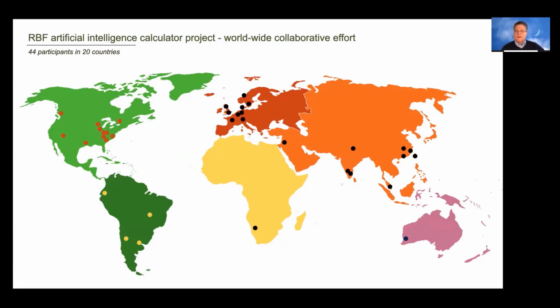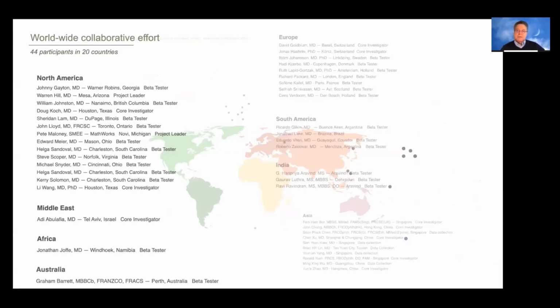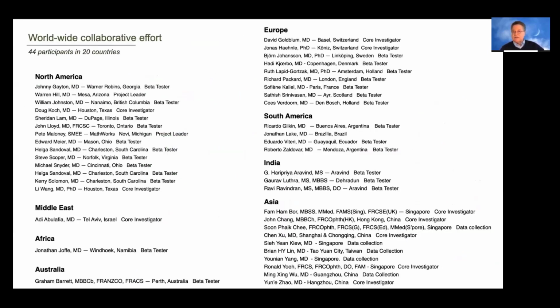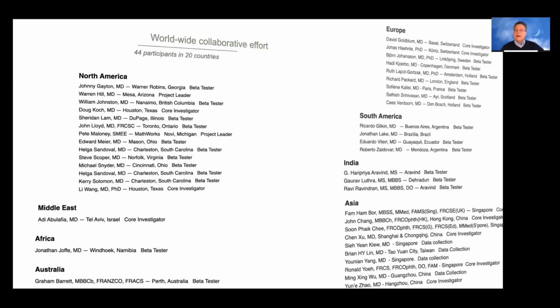And these are volunteers who very generously have donated their time and their cases. And many of these physicians represent some of the most accomplished cataract surgeons in the world, and certainly for their respective countries. So we're very grateful for their help and continued support. So how do we make a calculator?